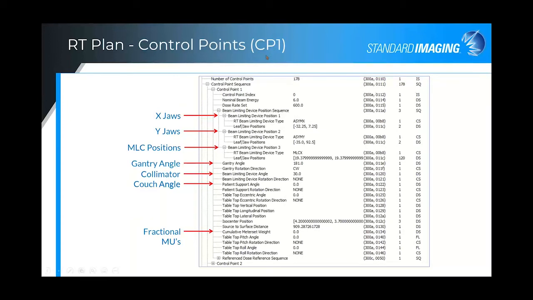So beginning with control point 1 at the top, you can see specified the positions of the X and the Y jaws. The MLC positions have to be expanded out, so you can't see all of them, but they're under this tag. The gantry, collimator, couch angle, fractional MUs, and these are the familiar parameters outlined in the log files as well.